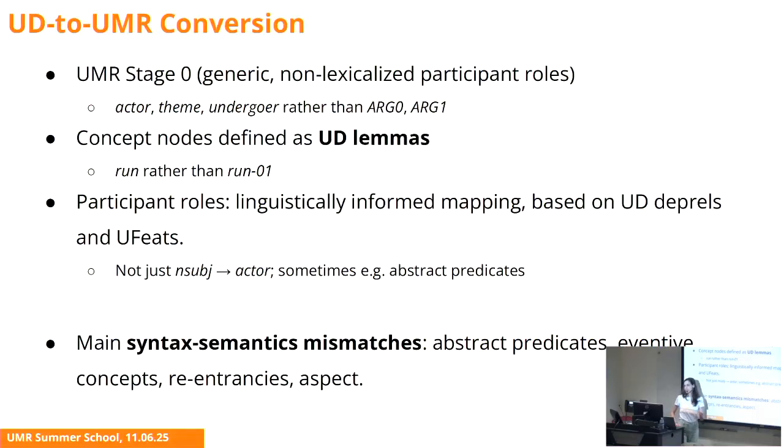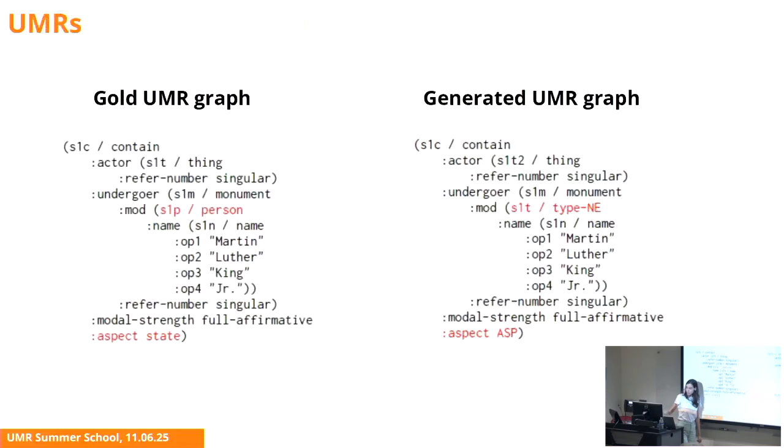Most of the time, an event is expressed as a verb, and that's okay for us to figure out because we have the part of speech tag. But when this doesn't happen, we basically have no clue. And then, reentrances, for example, are also quite complicated because UD does not mark them. Aspect, which we discussed yesterday, is sometimes encoded morphologically, but not always. So this explains why we have, for example, this aspect table here.